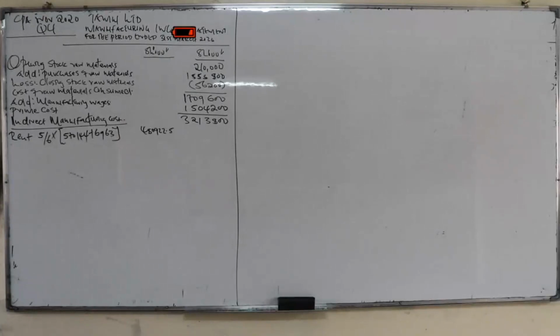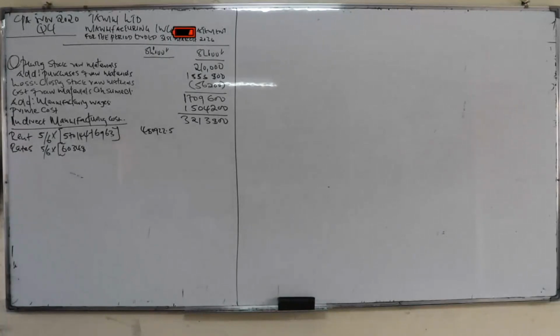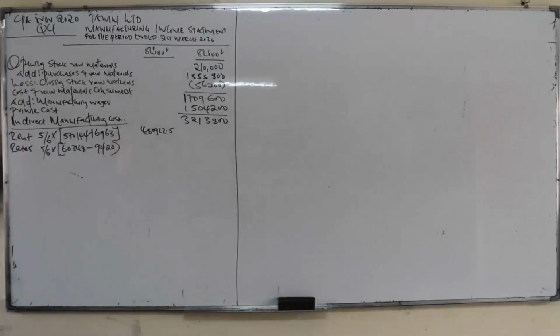So we are done with rent, we go to the rates. Rates 5 out of 6, and then you multiply the one that is paid. The rate that is paid is how much? 60,348. And then we have prepaid rates of 94.20. So you subtract that one and then you adjust.